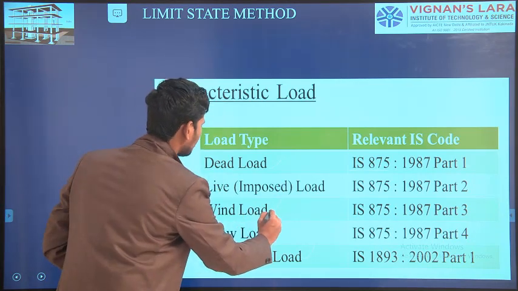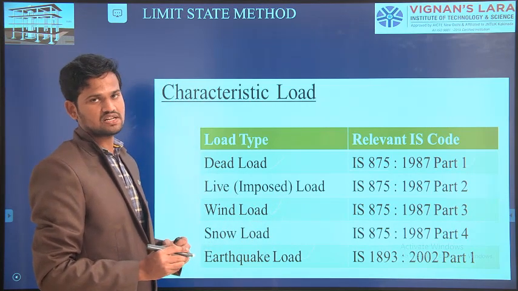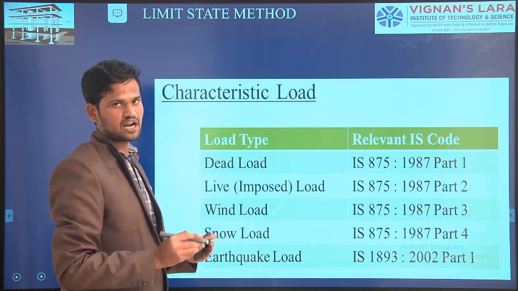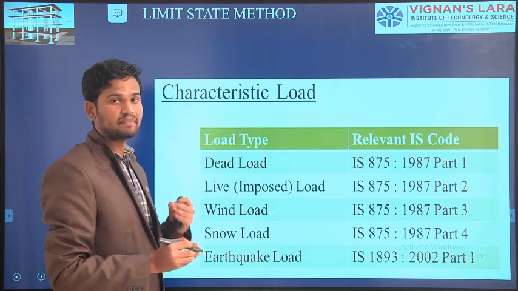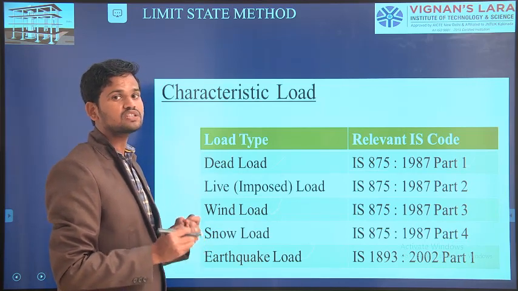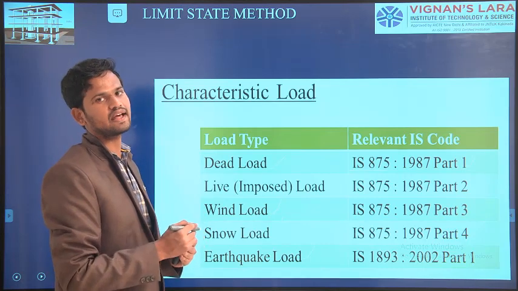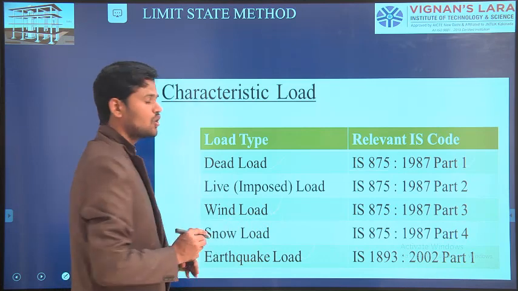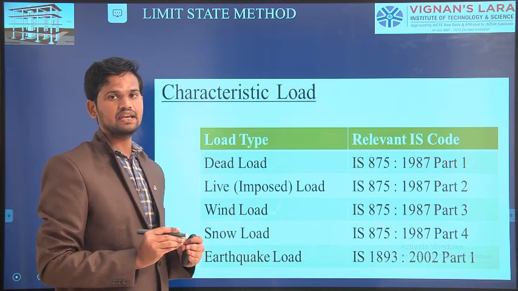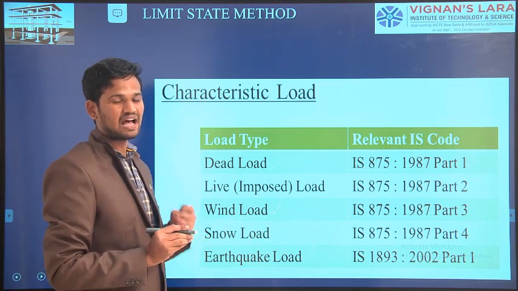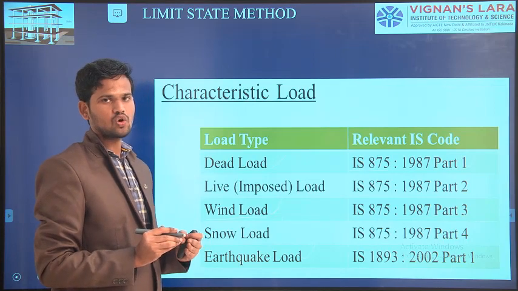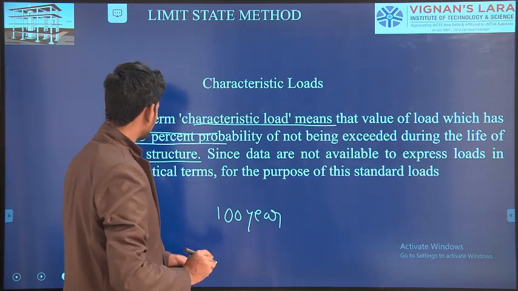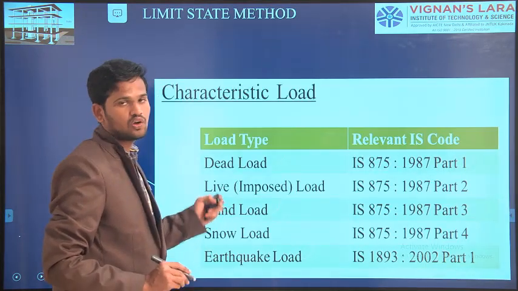And the next one is the wind load. Wind load means based on the topography of the atmosphere, or the direction of the wind, or the place, how much wind is going to act on the building, we will consider from the wind load condition. While constructing or designing any high-rise structures, chimneys or any tower buildings, we will analyze the wind load condition.